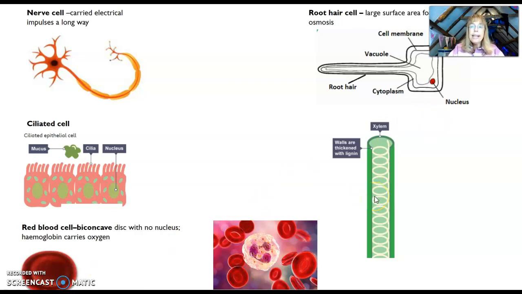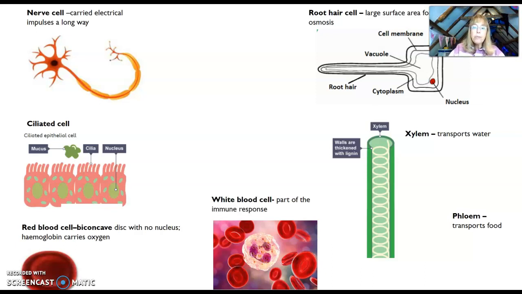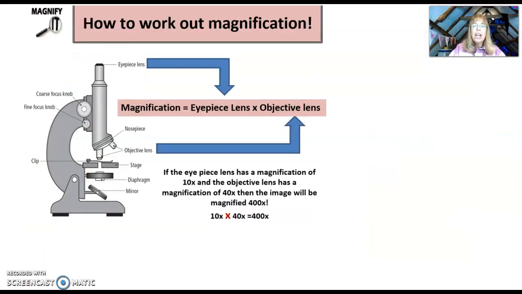So the xylem is found in plants, and I always remember WX, water is carried in the xylem, and then phloem carries the food that's made by photosynthesis around the body of the plant. And then we have white blood cells, part of our immune response. And they've got that very strange shaped nucleus, which is their identifiable feature.